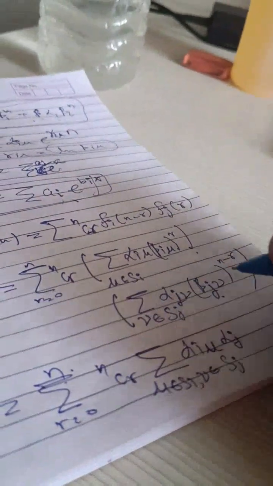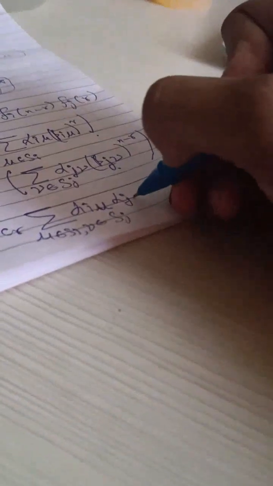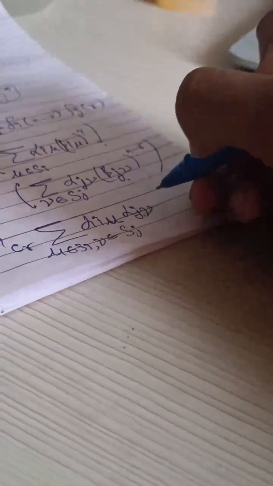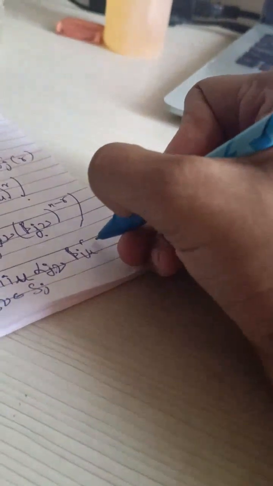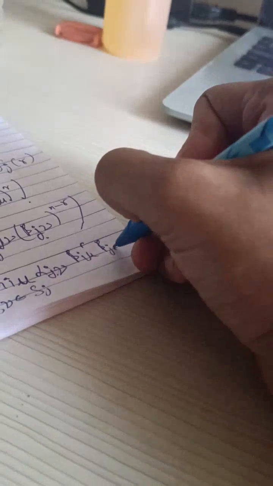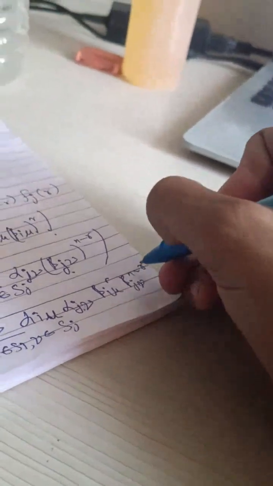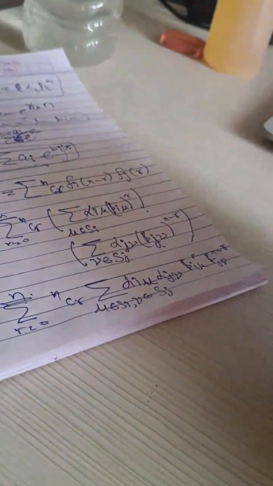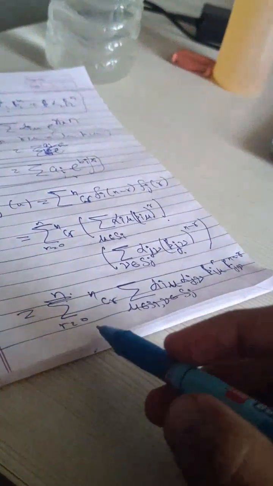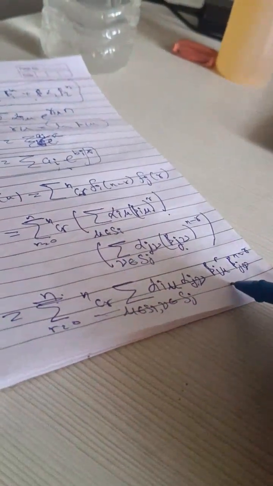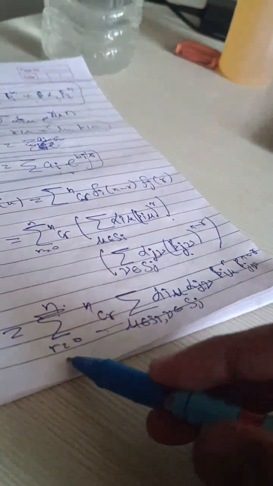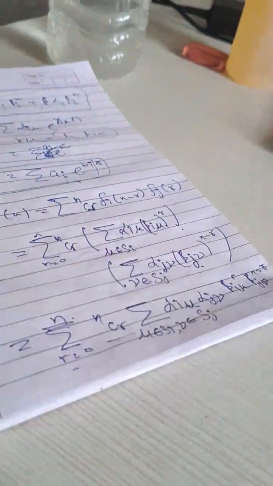This is j, by the way. Alpha j nu, beta i mu power r, beta j nu power n minus r. I can bring the nCr inside, and the summation as well. I can interchange the summations. You get the following.